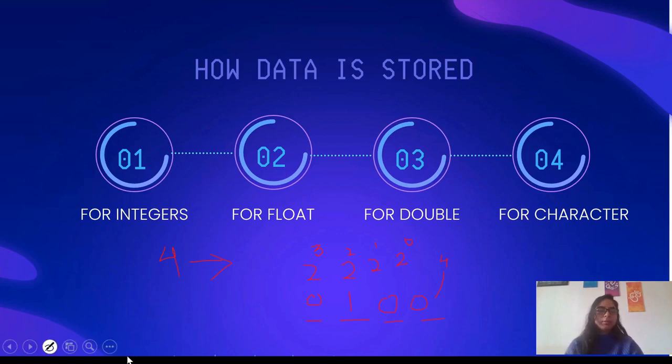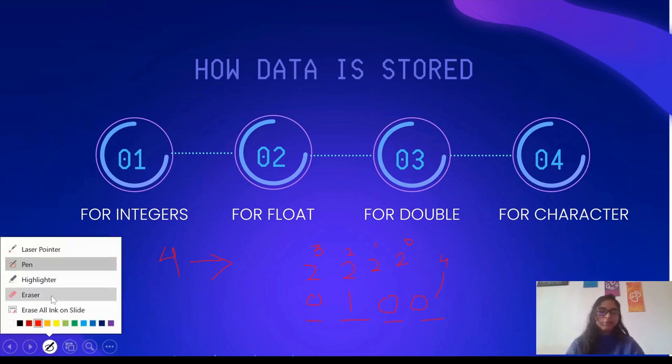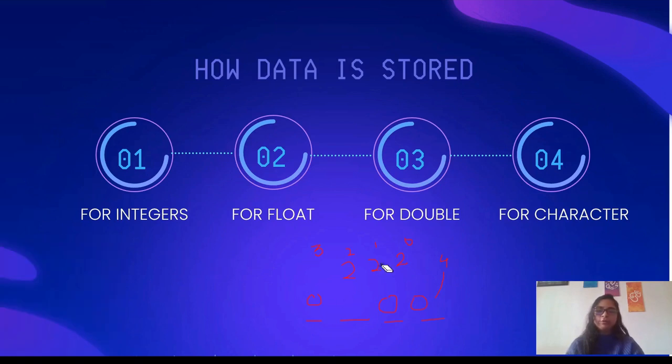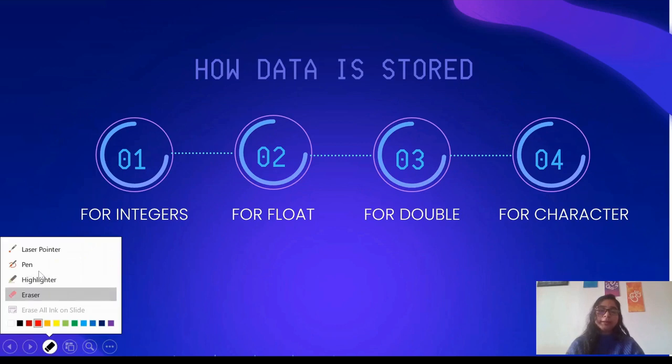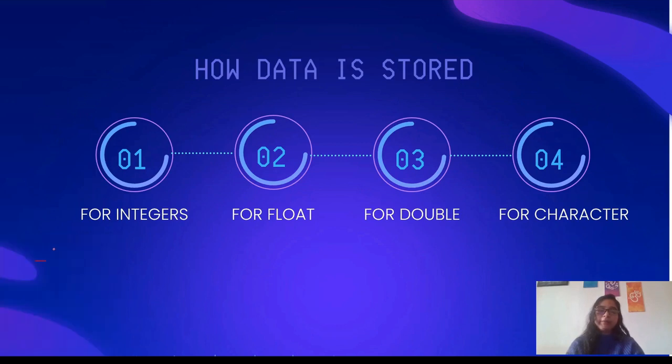This is how we represent binary 4 in integers as a positive number. Now suppose you have minus 4, how do you represent minus 4 in binary representation, or how do we store it? As I said, we actually calculate the 2's complement. So what will be the 2's complement of minus 4? First, represent it in binary digits of 4. So the binary digit of 4 will be 2 to the power 0, 2 to the power 1, 2 to the power 2.